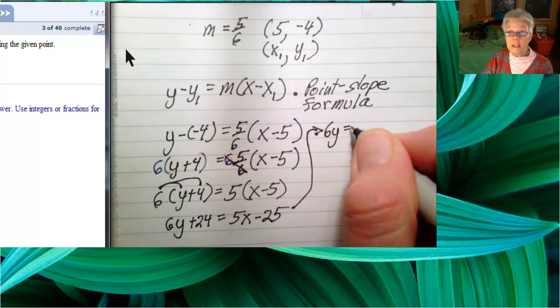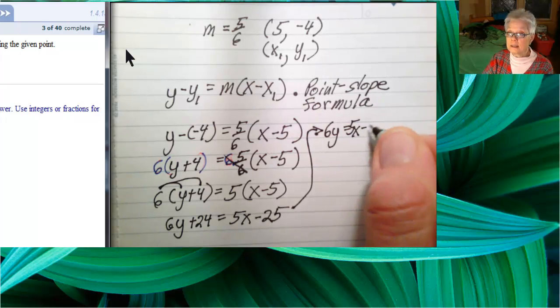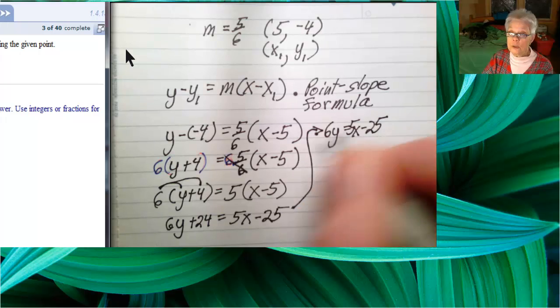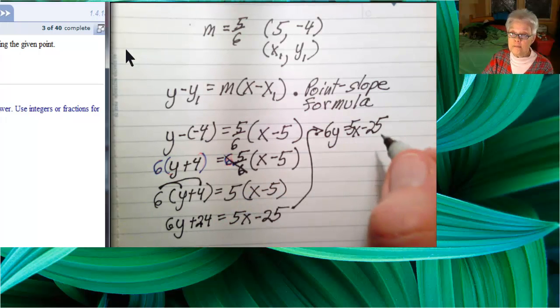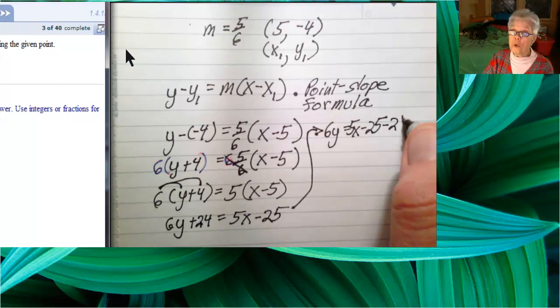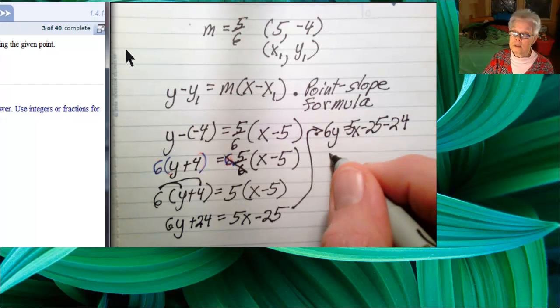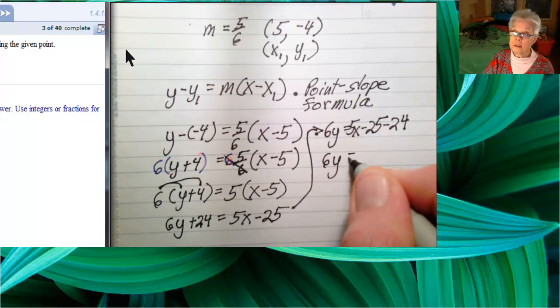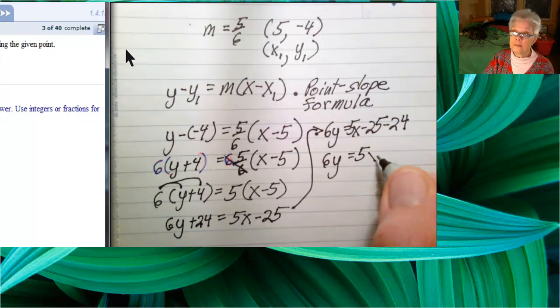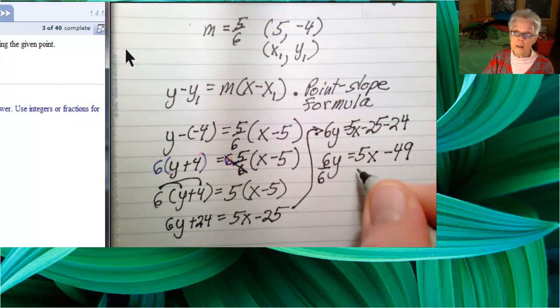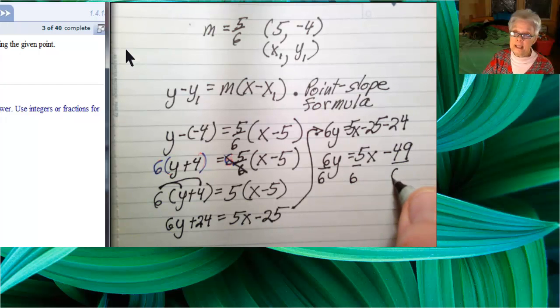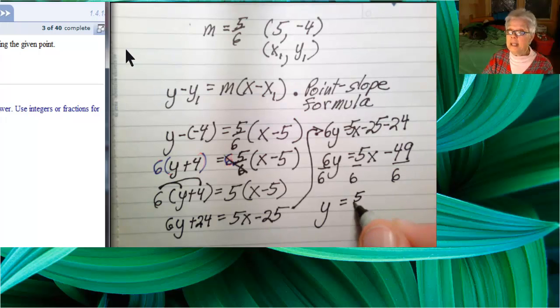I'll subtract 24 from both sides. So I'll have 5x minus 25 and then minus 24. All right, now I'll divide by 6, divide by 6, divide by 6, so that I can solve for y and get this equation in slope-intercept form.